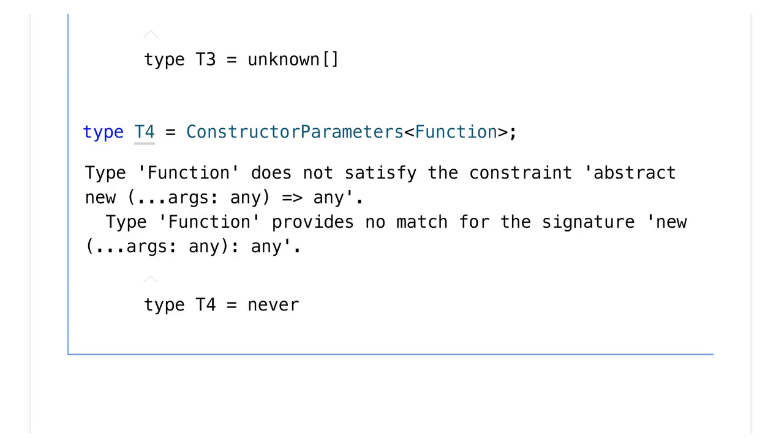Type Function provides no match for the signature new (...args: any): any. type T4 = never.